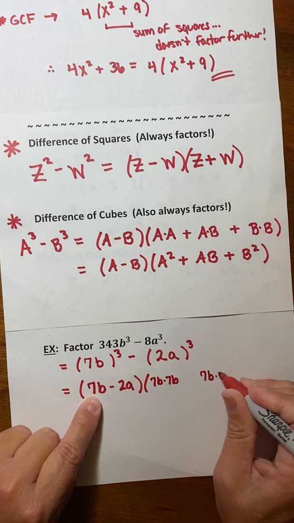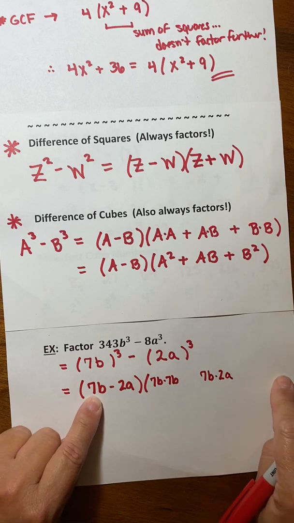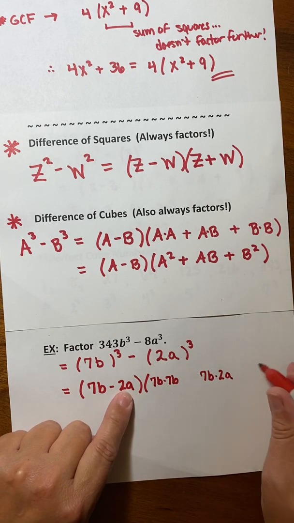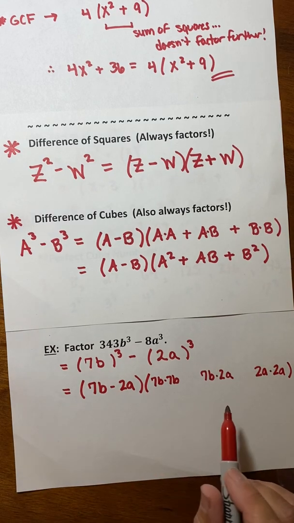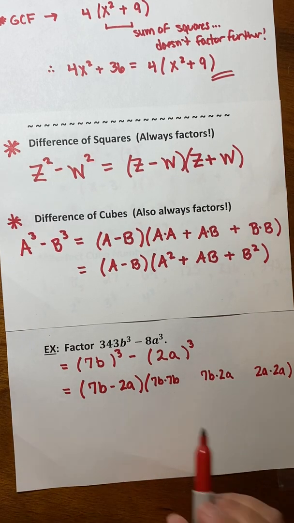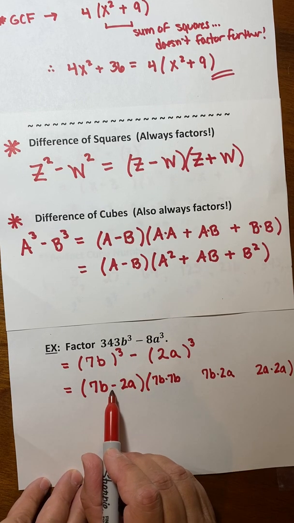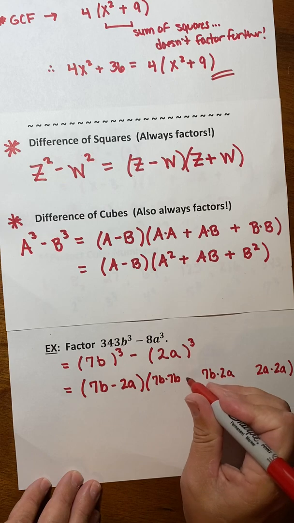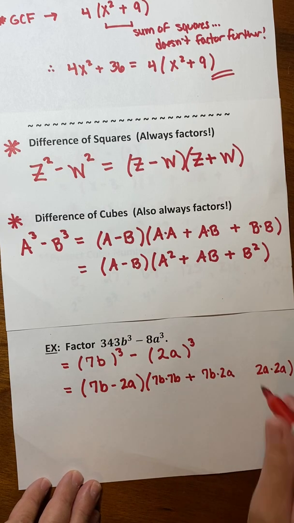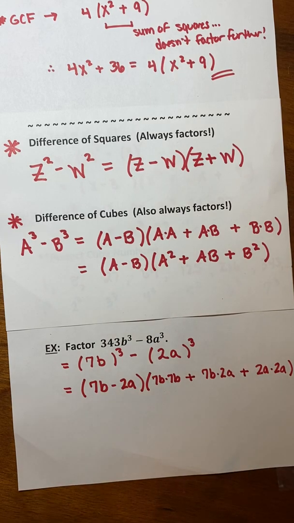So 7b times 2a. And then what's going to go at the end is 2a times 2a. Now I know you might want to fuss around with the signs, but trust the process. Whatever we started with, that's what's going to be first in the first set of parentheses. And then we're going to switch the sign to positive, and we're going to leave the last sign positive.